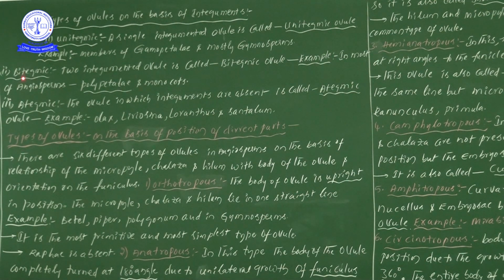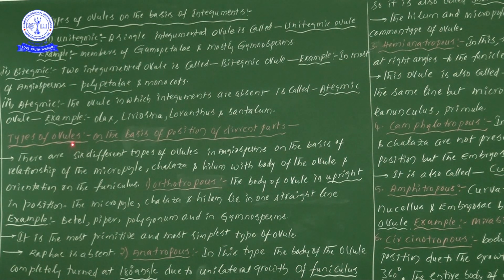Next, bitegmic condition we can see in most of the angiosperms with polypetalous conditions, where the petals are free, and in monocots also. Next, ategmic condition means there are no integuments. Olax, Liriosma, Loranthus, Santalum: likewise there are different types of examples we can observe.